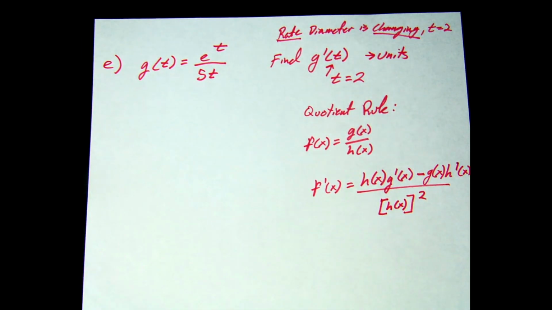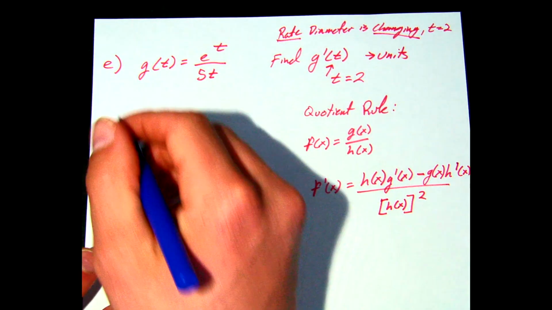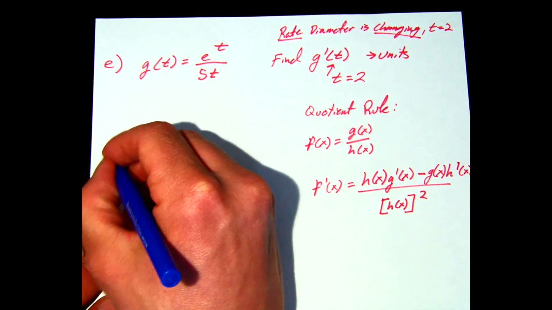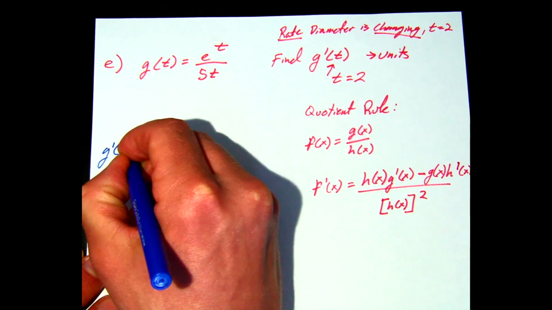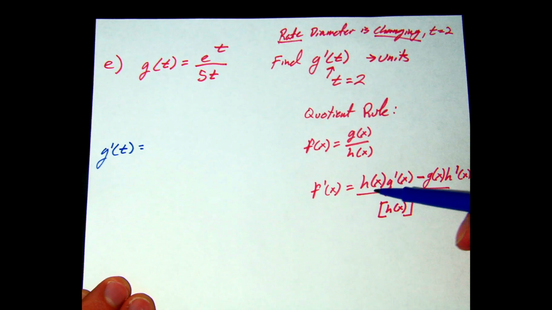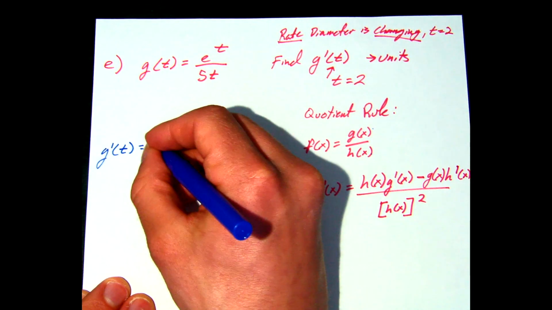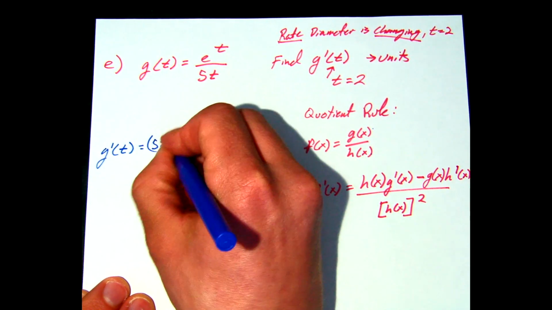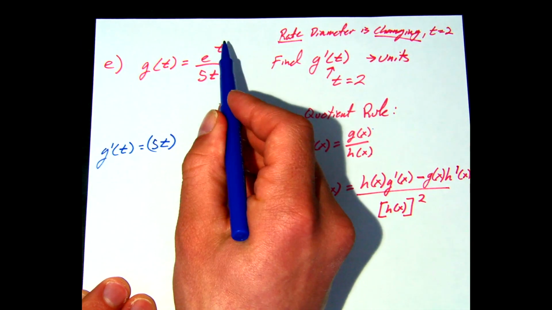Okay. So when I go to do the derivative here, I'll say, okay, g prime of t is equal to low derivative high, so I keep this as 5t, and now I'm doing the derivative of e to the t.